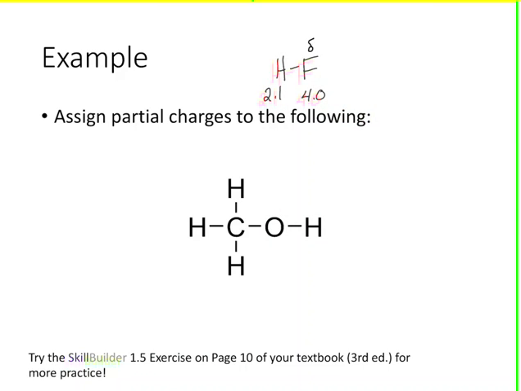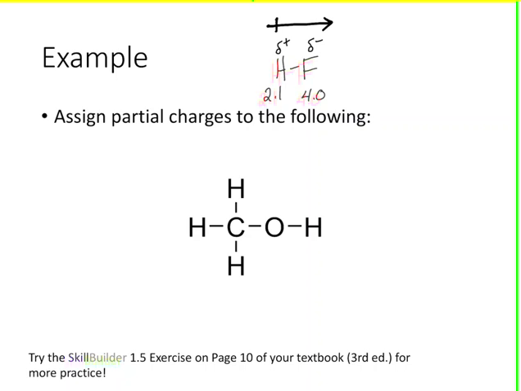They're little delta symbols. And we put a negative or a positive next to that delta symbol based on whether the atom is more electronegative, which would be negative, or less electronegative, which would be positive. You can also just draw an arrow with a positive sign on one end. The arrow's showing the direction that electrons are moving in, so they would probably hang out with fluorine more.